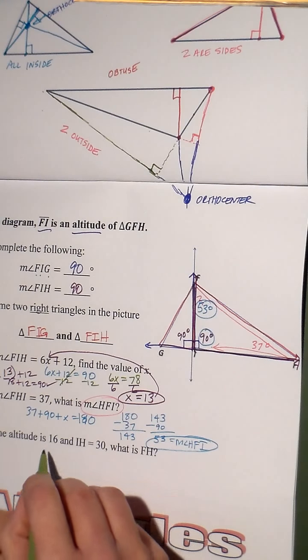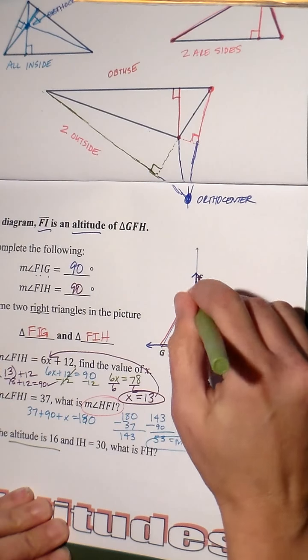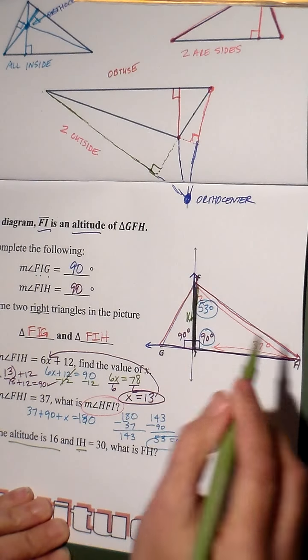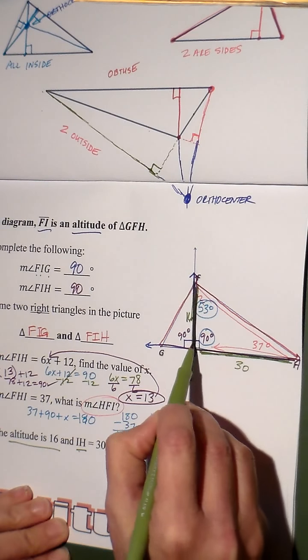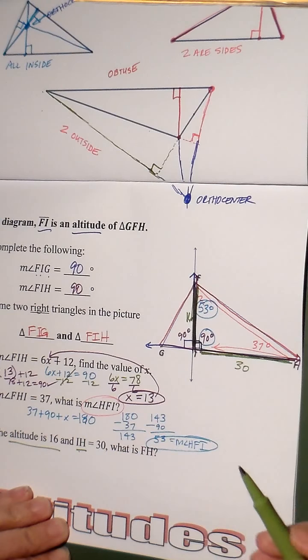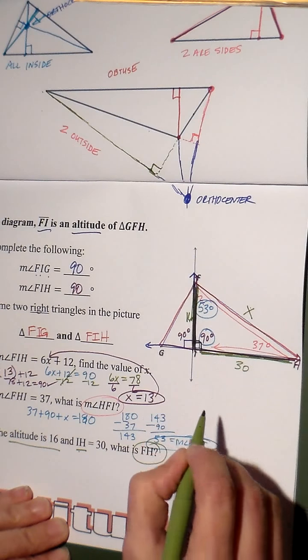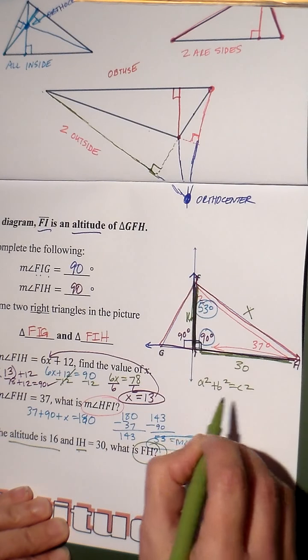it says the altitude is 16. Remember, this is your altitude. So this is 16, and IH is 30. Okay, IH is here. Well, I've got a right triangle, so I can use the Pythagorean Theorem. It wants me to find FH, which is this one. So a squared plus b squared equals c squared.